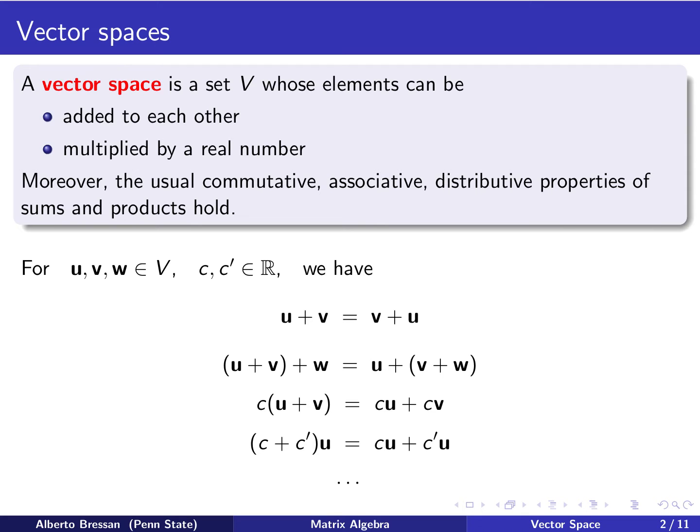Okay, and the next is a distributive property for scalar multiples. So you put a C outside the bracket of U plus V, and this equals CU plus CV. You can distribute the C onto each element. And similarly, if you are adding up C and C prime, two numbers, and then multiplying with the element in V, then you can distribute the element over each of these scalars.